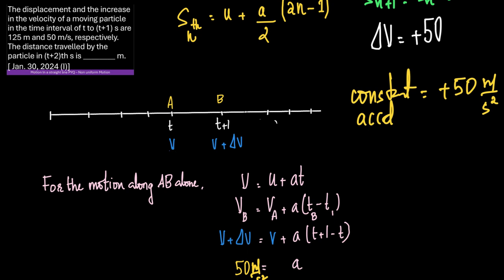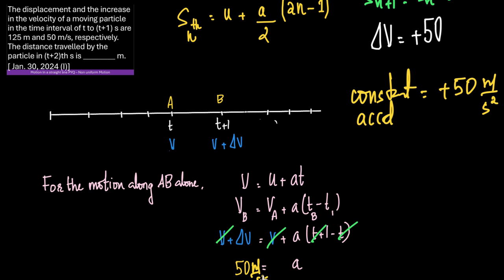So this becomes v plus delta v is equal to v plus a into t, where t is tB minus tA. t at B is t plus 1, t at A is t. So this becomes t plus 1 minus t. And therefore, v minus v is 0, t minus t is 0. So that gives us a is equal to delta v, and delta v is 50. Therefore a is equal to 50 meters per second squared.